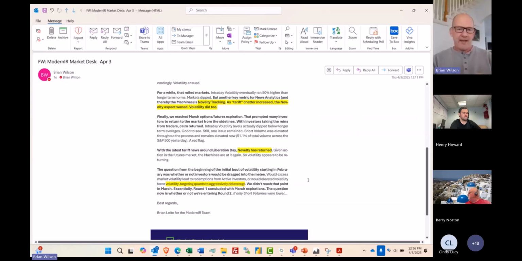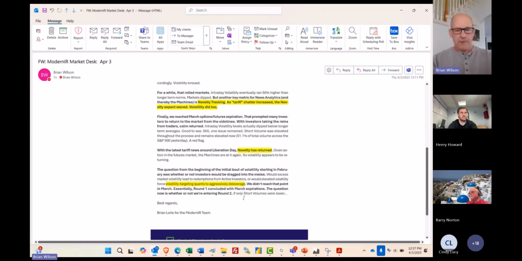We really never had active investors participating to the downside. We had a lot of fast trading activity, and we never really had some of the quants that were aggressively deleveraging either. Now, this is just the first start of this process.